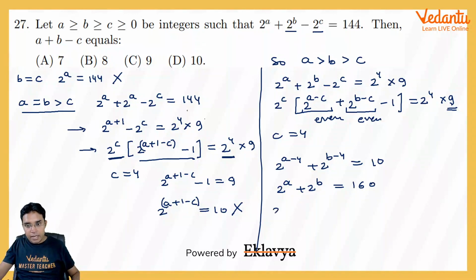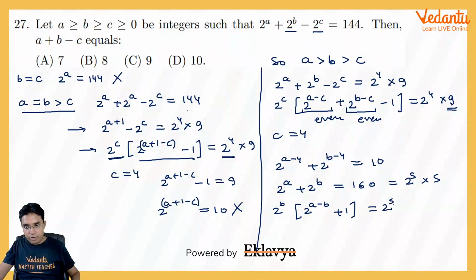Now I can write this as 2^5 × 5. As I did for 2^c, I can do it for 2^b also. 2^b times (2^(a−b) + 1) is equal to 2^5 × 5, and this gives us b to be 5, and 2^(a−b) + 1 is equal to 5.